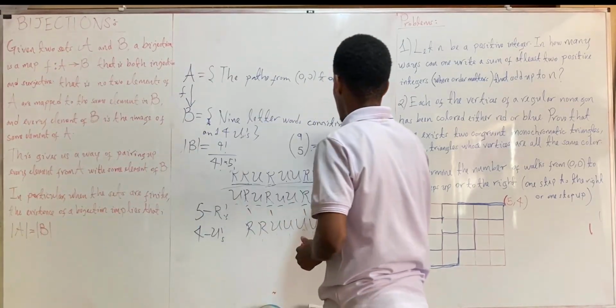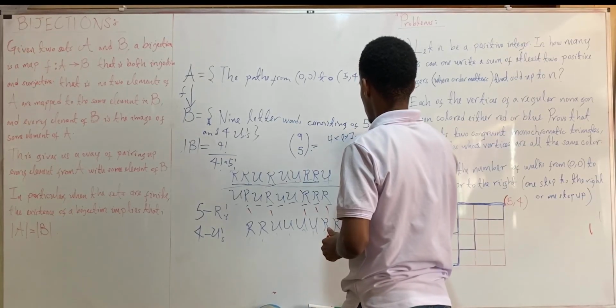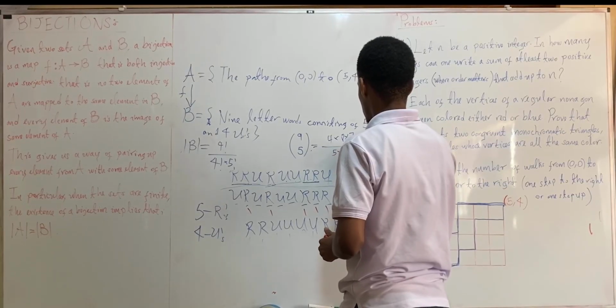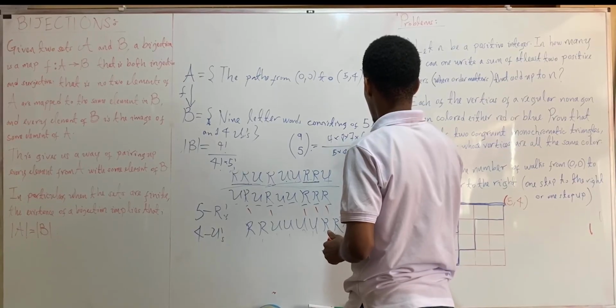And calculate this to be 9 times 8 times 7 times 6 times 5 over 5 factorial, and how much would that be?